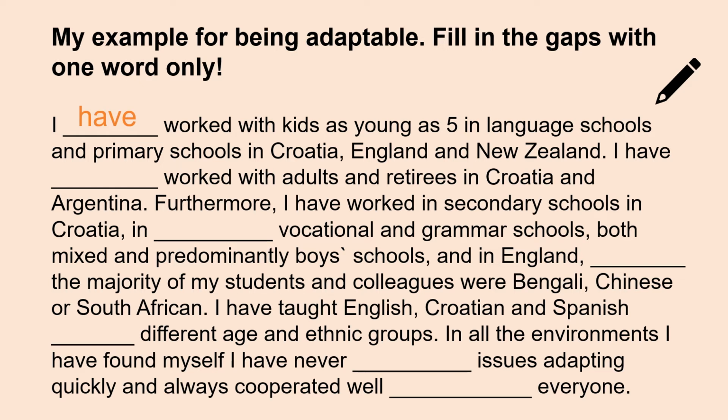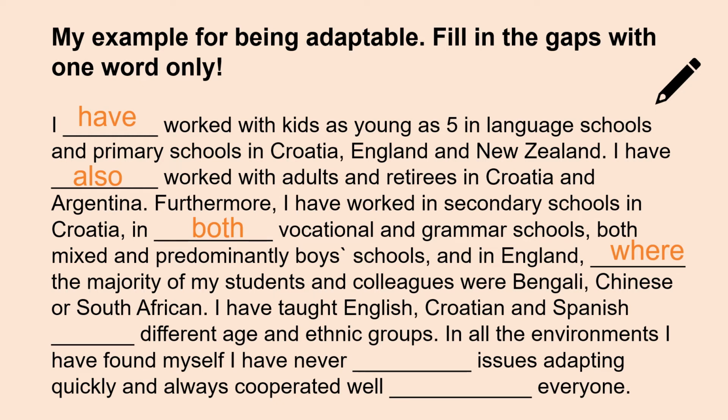I have worked with kids as young as 5 in language schools and primary schools in Croatia, England, and New Zealand. I have also worked with adults and retirees in Croatia and Argentina. Furthermore, I have worked in secondary schools in Croatia, in both vocational and grammar schools, both mixed and predominantly boys' schools, and in England, where the majority of my students and colleagues were Bengali, Chinese, or South African.